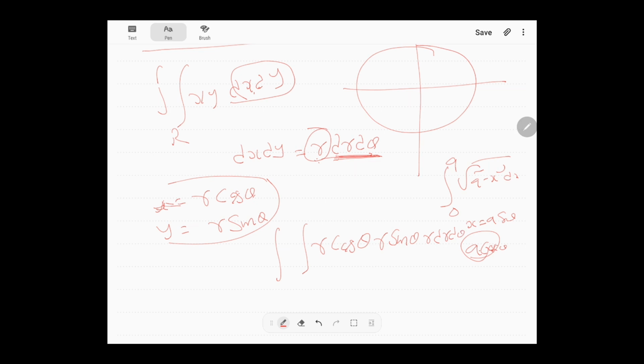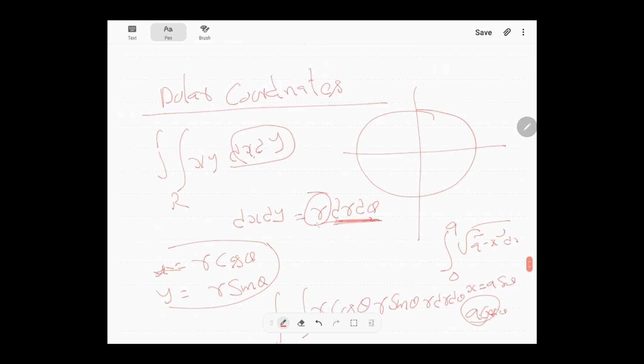How to take the limits for r and theta? In Cartesian coordinates, I just explained how to take the limits: if x is given, what are the limits for y, or if y is given, what are the limits for x. Now in polar coordinates, if theta is given, theta is this angle. If theta is given, what is the minimum value of r and what is the maximum value of r?